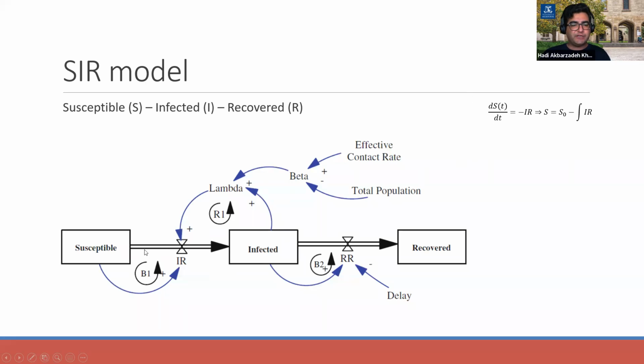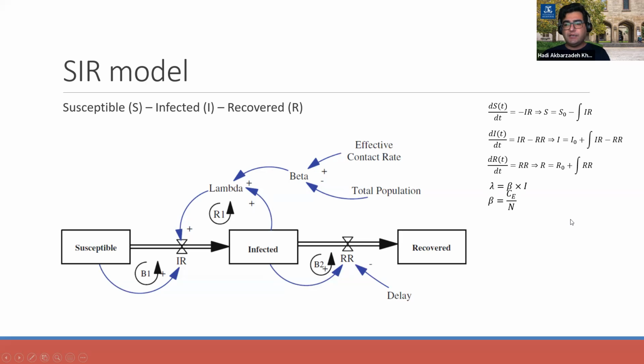For susceptible, we have just one flow outgoing to infected, based on the infection rate. So it will do the calculation, the integral, the differential equation by itself. Similarly, for infected, we have input and output flow. For recovered, we just have input flow.